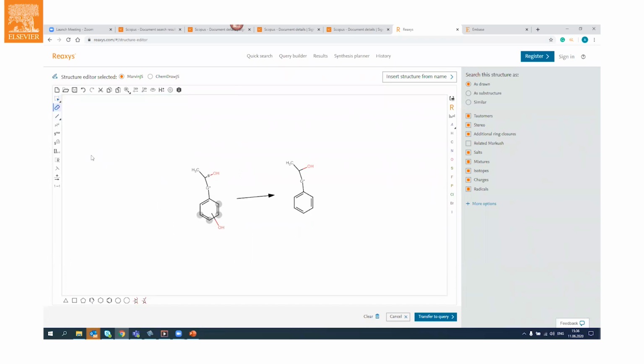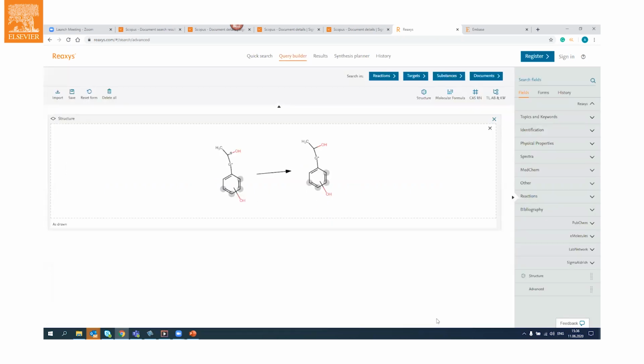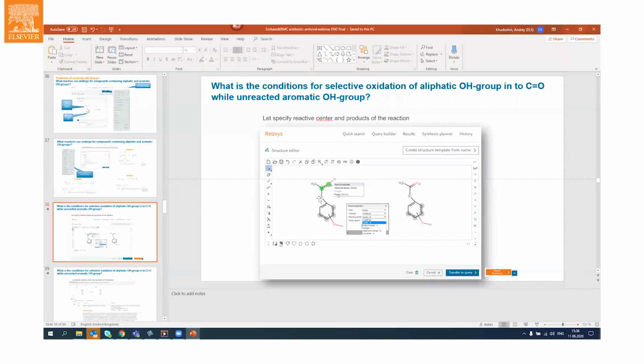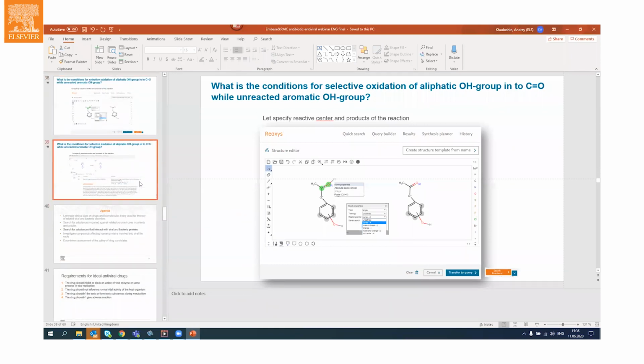There is a small mistake. Let's fix this mistake and make the search. While this search is going, we will come back to it later, but I will show it to you.